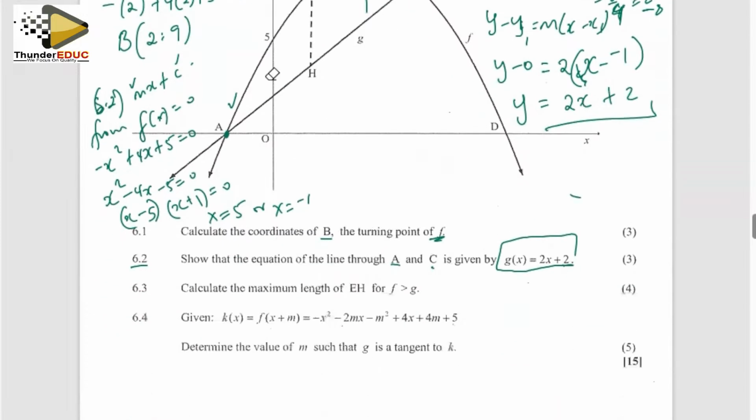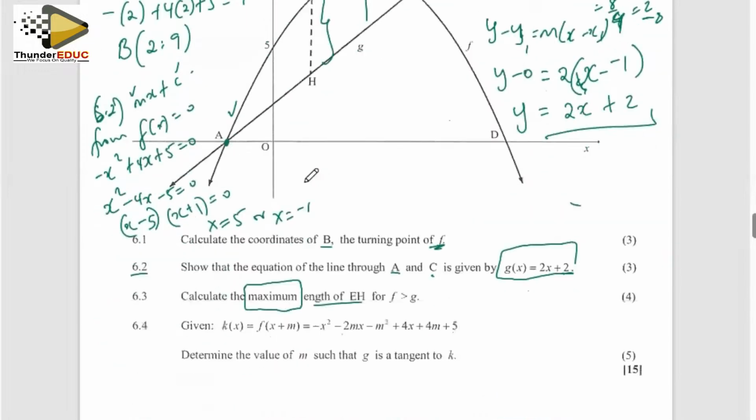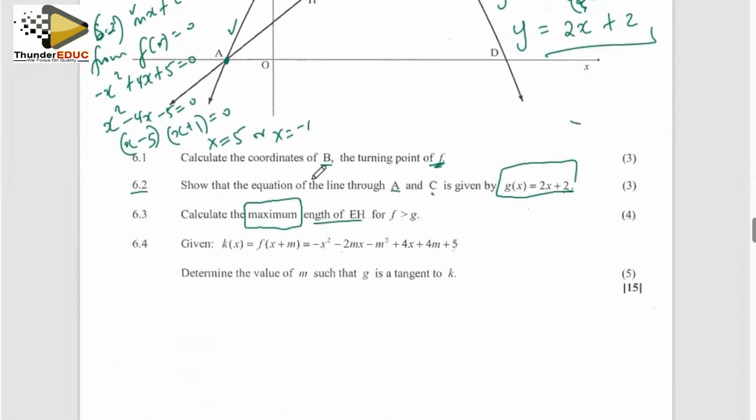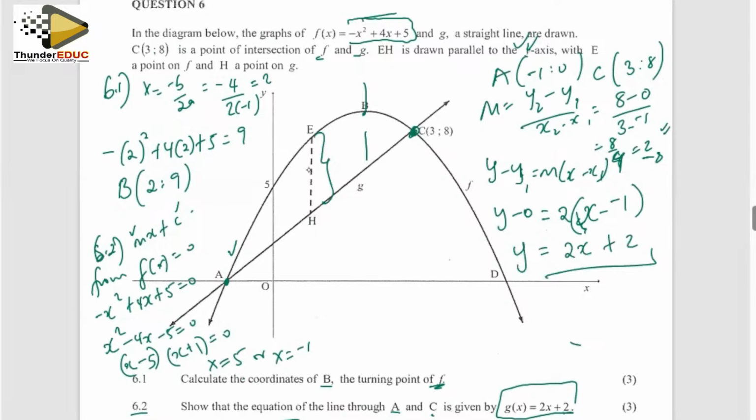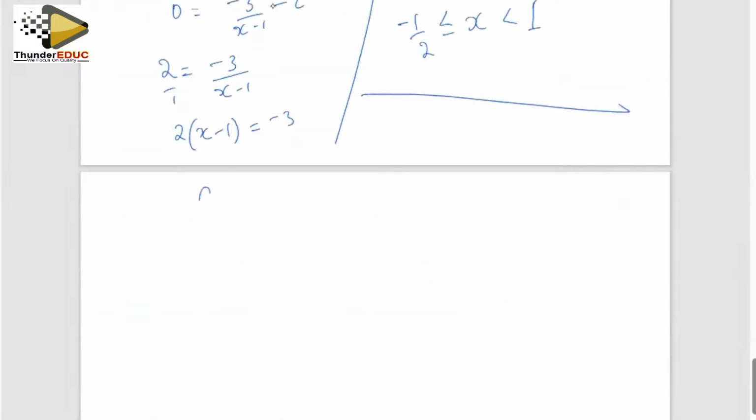Okay, 6.3. They're telling us to calculate the maximum height, EH. The keyword here is maximum. Since this is the distance between two graphs, we must get the top graph minus the bottom graph. So that's going to be f of x minus g of x.